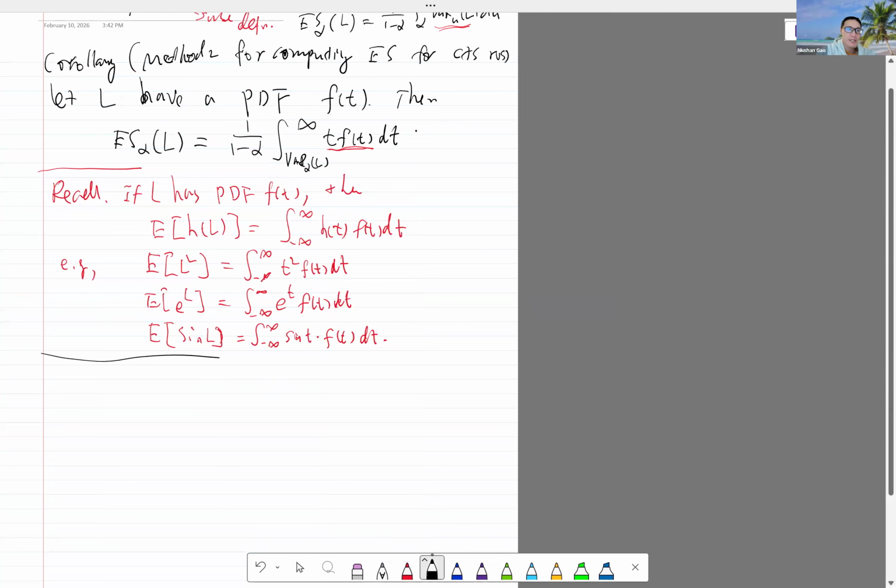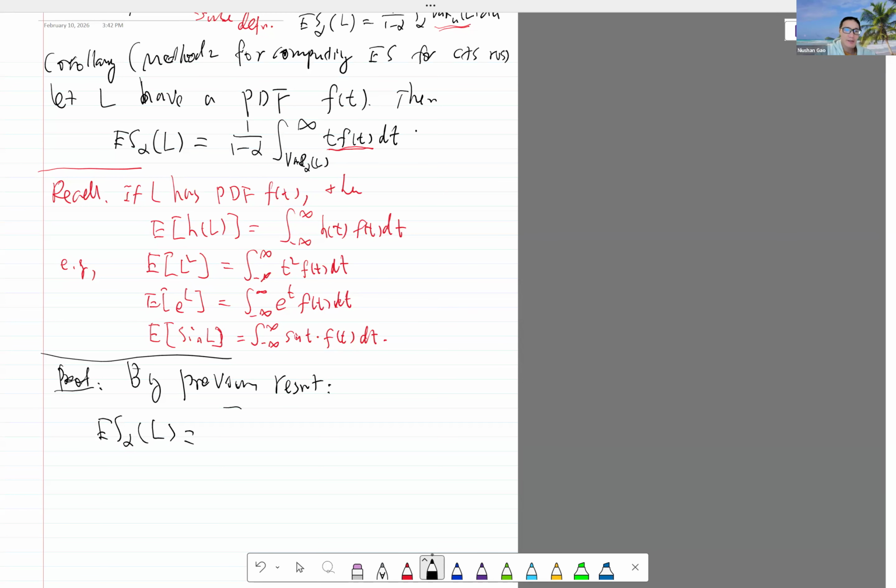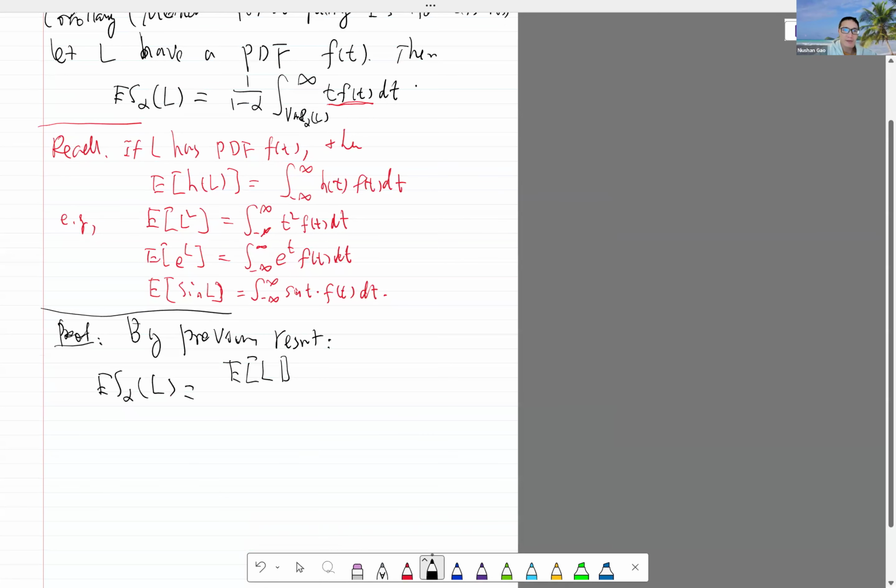Now let's sketch the proof of this one by a previous result. We know the expected shortfall alpha of L equals the expectation of L times the indicator function of A, divided by the probability of A. What is A?